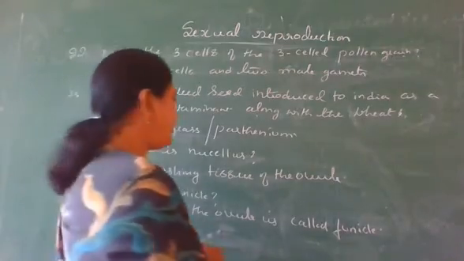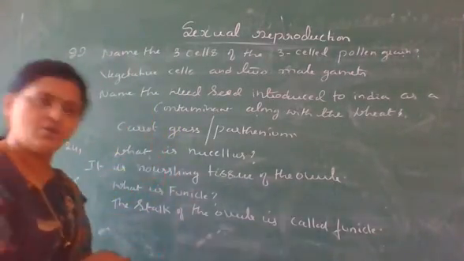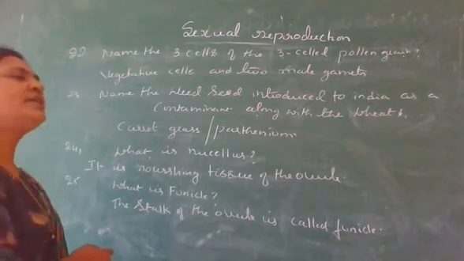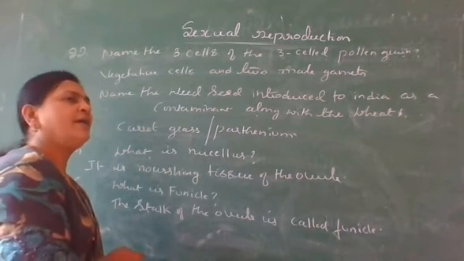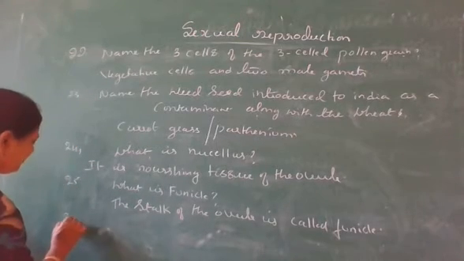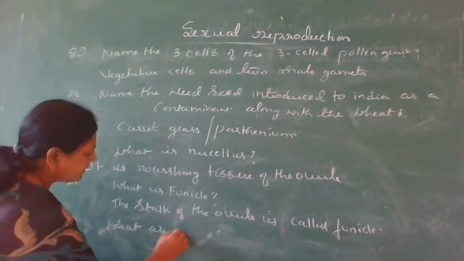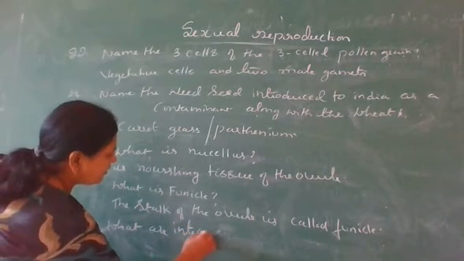Now the ovule has a nutritive tissue called nucellus. This nucellus is protected by a wall layer called integuments. What are integuments?